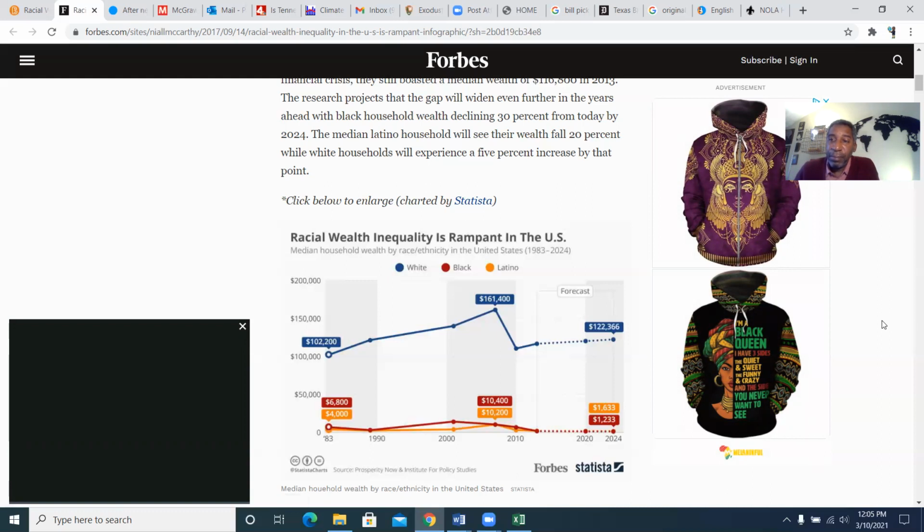All right. Now, white households certainly took a hit, but notice they kind of rebounded a bit to $122,000 per household in terms of wealth. So now we're at a period of time where Black people on average have 1/100th the wealth of an average white household.